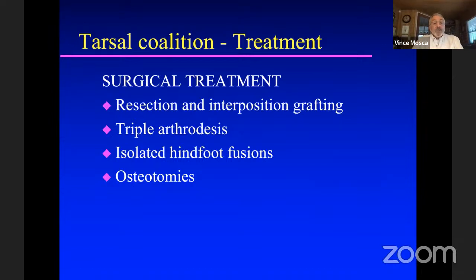Or you could perform a triple arthrodesis, or isolated hindfoot fusions, or osteotomies. And this is what Hitesh and Dhiren were talking about, that there are potential options for treating the coalitions, but how to pick them has not been clearly identified or proven scientifically. But these are among the options that one could do.